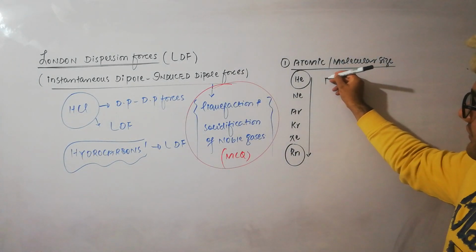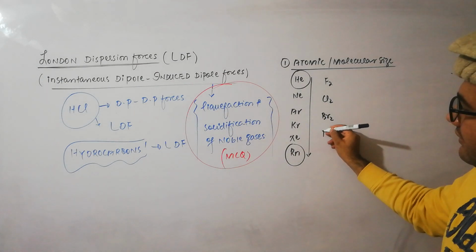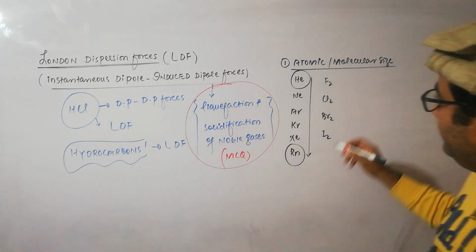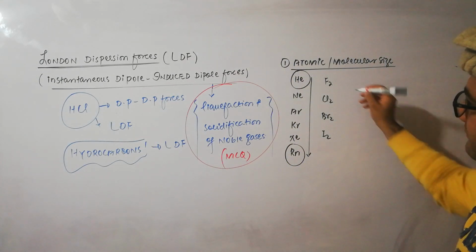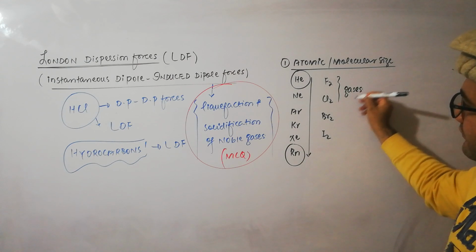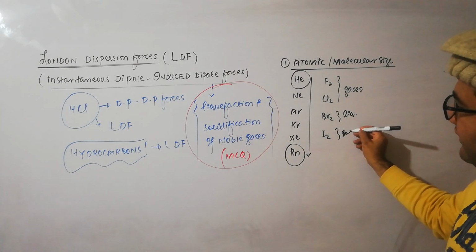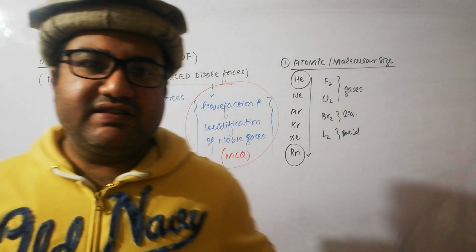Similarly, in case of halogens, fluorine, chlorine, bromine, iodine, astatine is also included. You know that these are all non-polar, but fluorine and chlorine are gases. Bromine is liquid and iodine is solid at room temperature. Now look at the difference in their physical state.